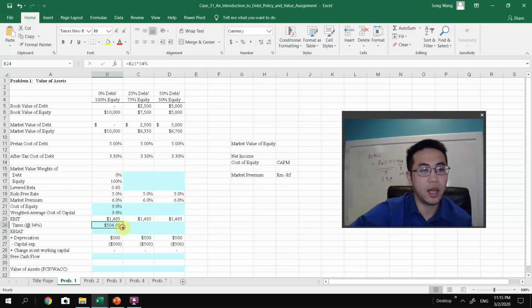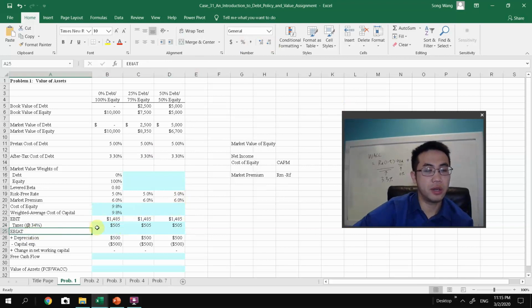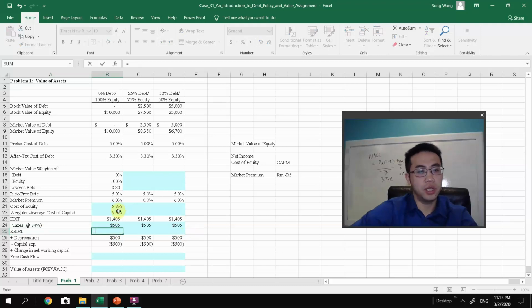Okay, and then I can drag it all the way to the right. All right, so now you have a term called EBIT, that is earnings before interest but after taxes. So you are going to use EBIT minus the tax amount.